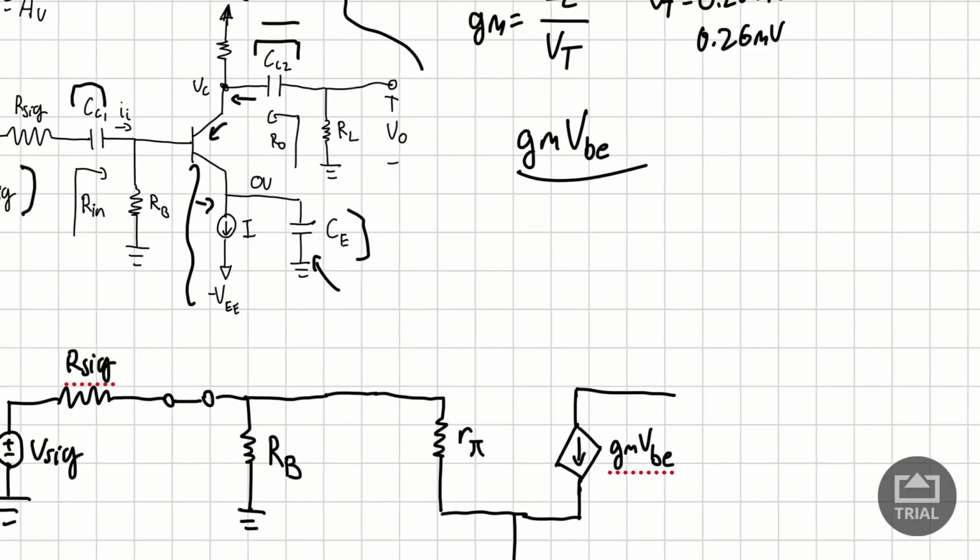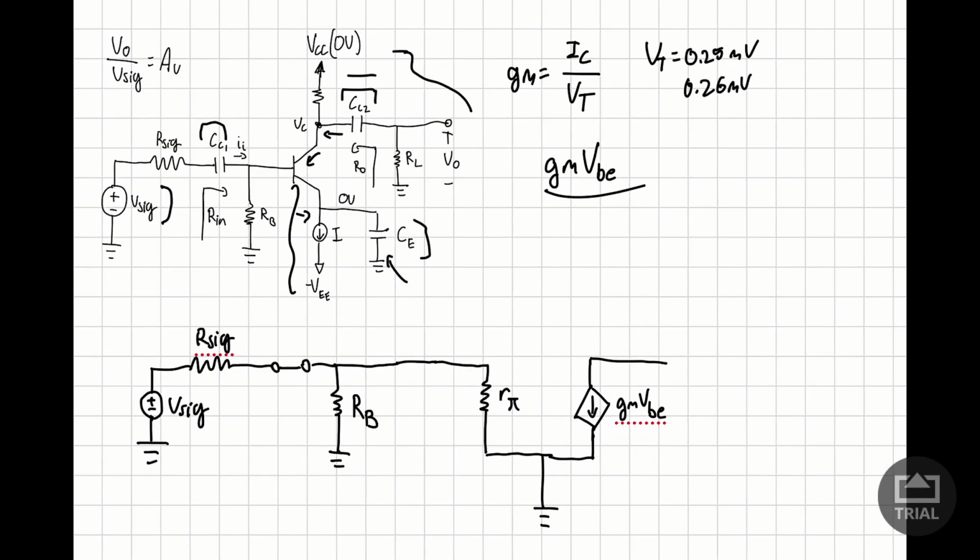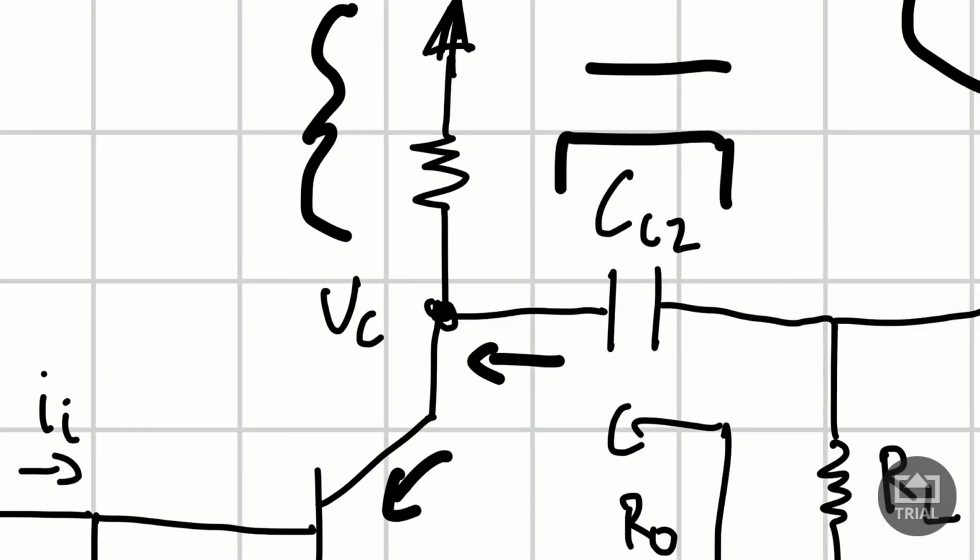And then we're also going to have our two resistors in parallel. We're going to have this resistor, which, I forgot to label this, is RC.